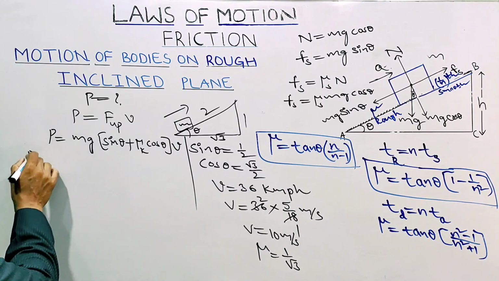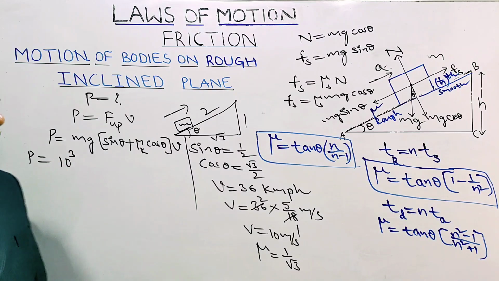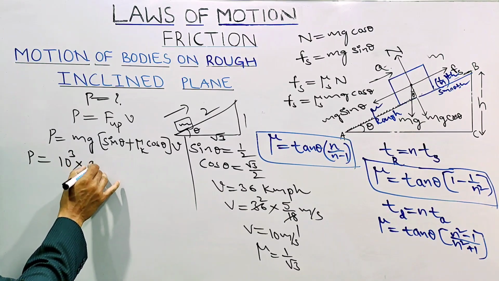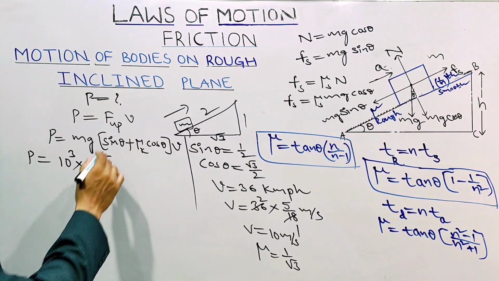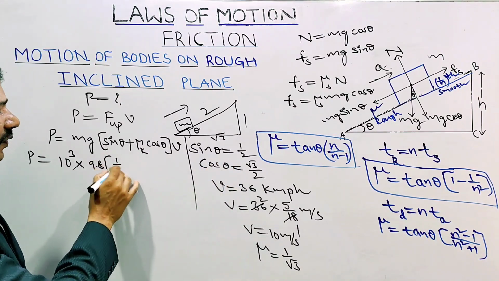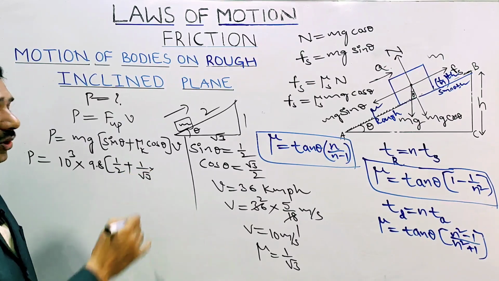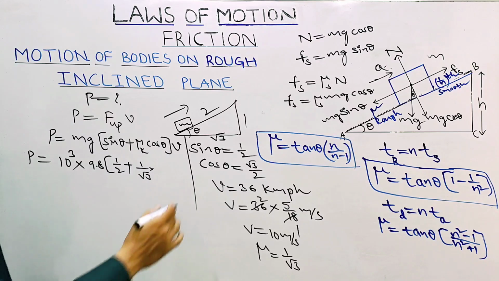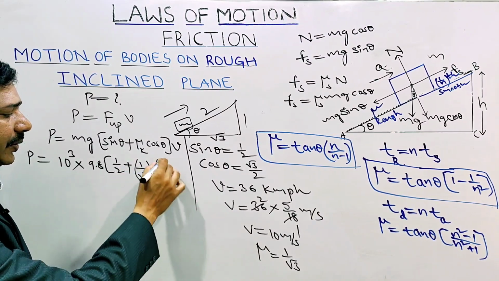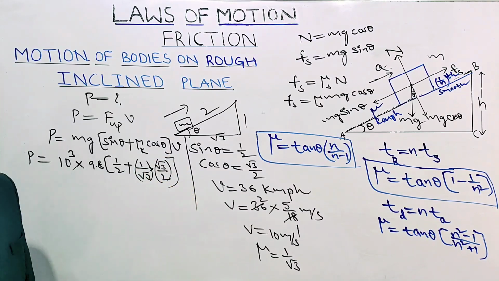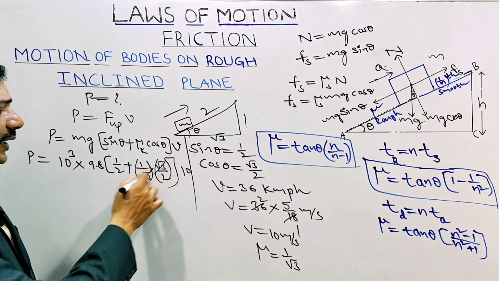Substitute the values. P equal to 1 metric ton means 1000 kilograms, that is 10 power 3, into g, 9.8, which is not given but we have to take. Sin theta, just now we got 1 by 2, plus mu k, given as 1 by root 3, into cos theta, which is root 3 by 2. Into velocity, 10. Here root 3 gets cancelled.